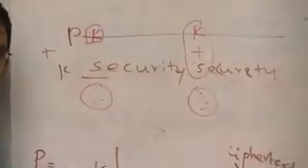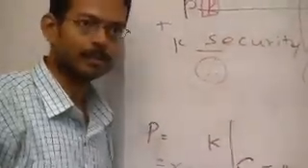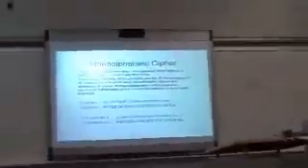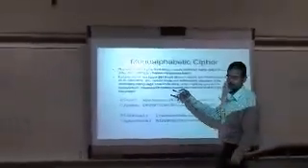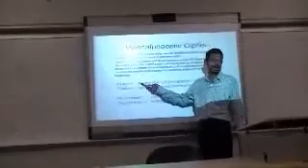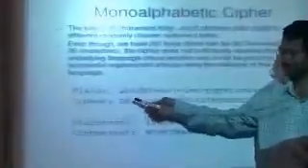Last one is monoalphabetic cipher. What does monoalphabetic cipher do? The key is actually this mapping from the plain text to the ciphertext. So A is mapped to a D, B is mapped to something else, it could be any mapping.